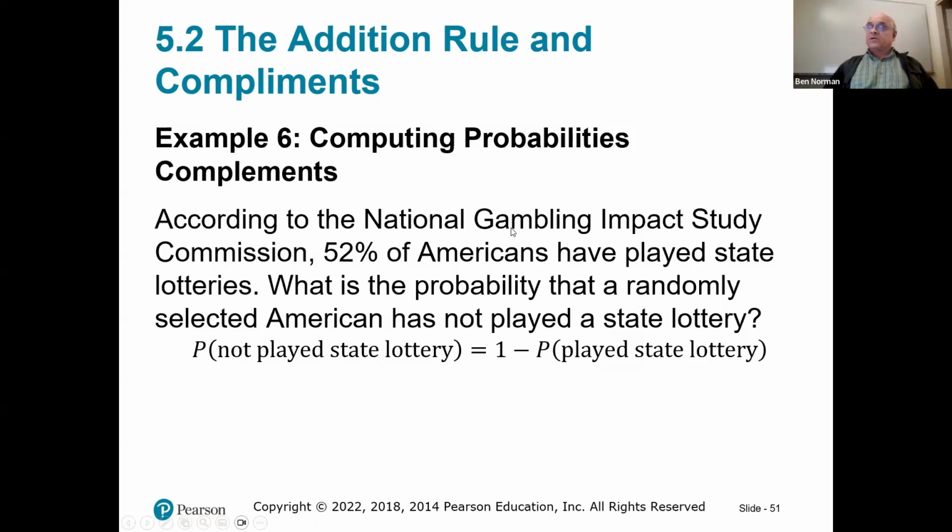Example: according to the National Gambling Impact Study Commission, 52% of Americans have played state lotteries. What is the probability that a randomly selected American has not played a state lottery? A person has either played it or not played it.